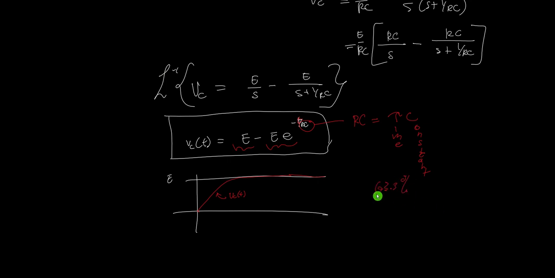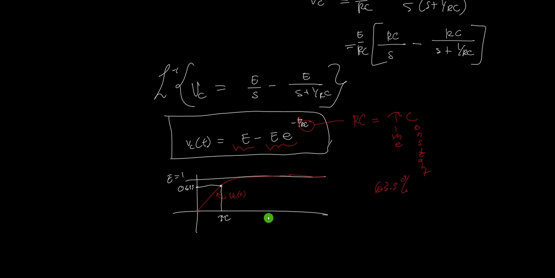So in this example, if this point here is 63% of E, if E is equal to 1, and this one is 0.633, then the equivalent time for this part is our time constant. That's the meaning of a time constant.